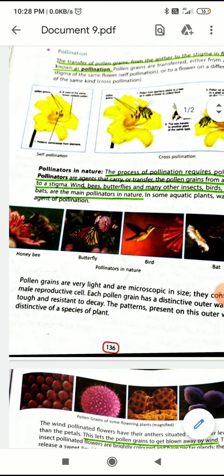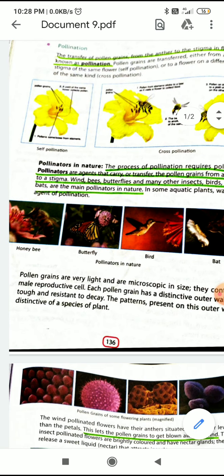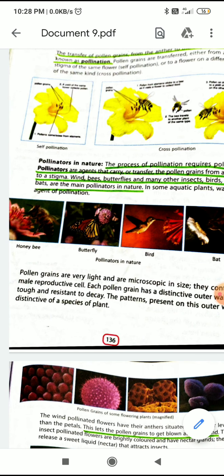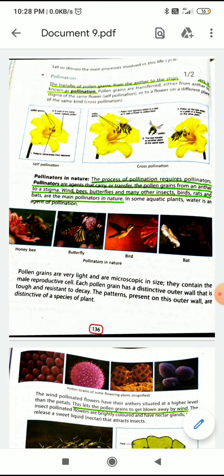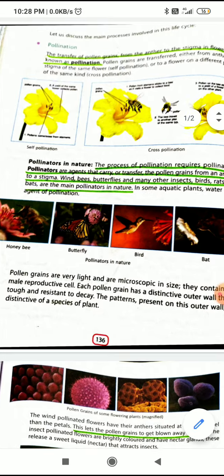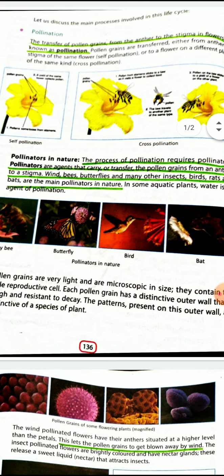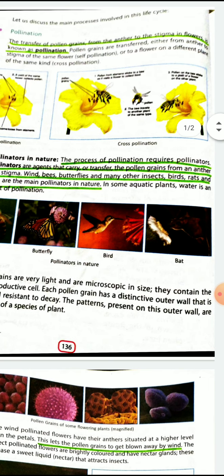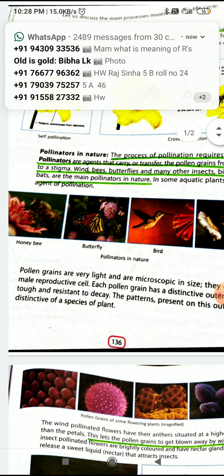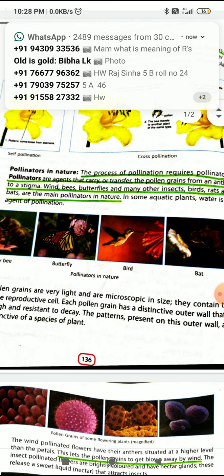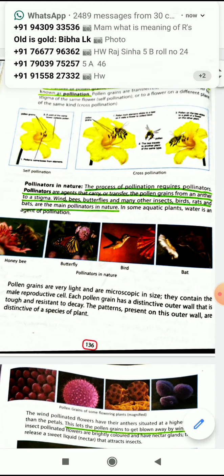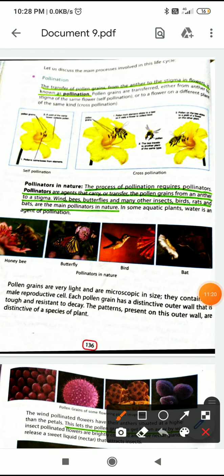Air and water are also agents. And there are some animals like honeybee, insect, butterfly, the bird also, bats also. These are pollinators.